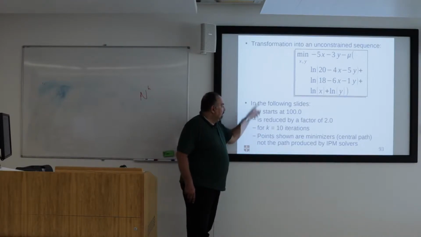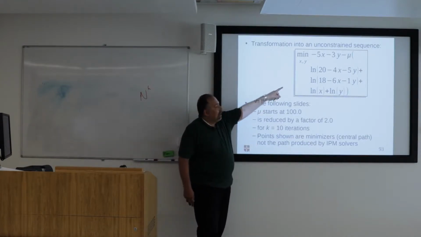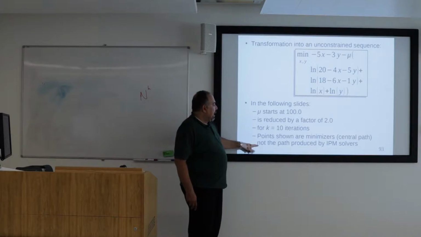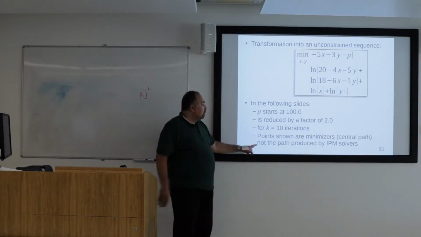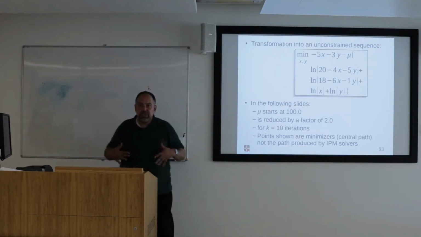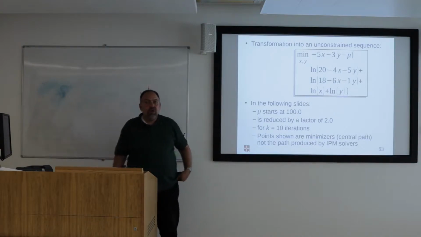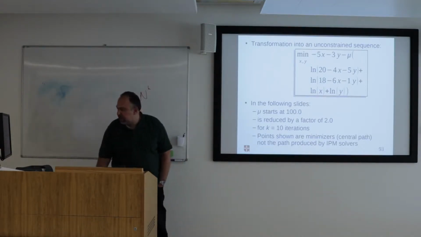For 10 iterations of this, I show the points which are the minimizers to each barrier subproblem, which is called the central path, and it's not the path produced by interior point method solvers because they jump in the value of mu before converging fully each subproblem for fixed mu.